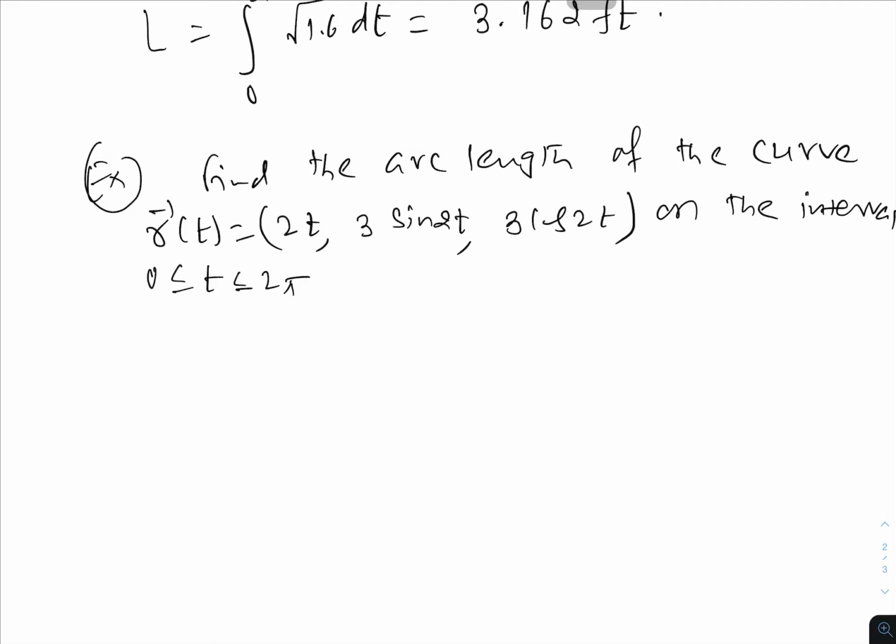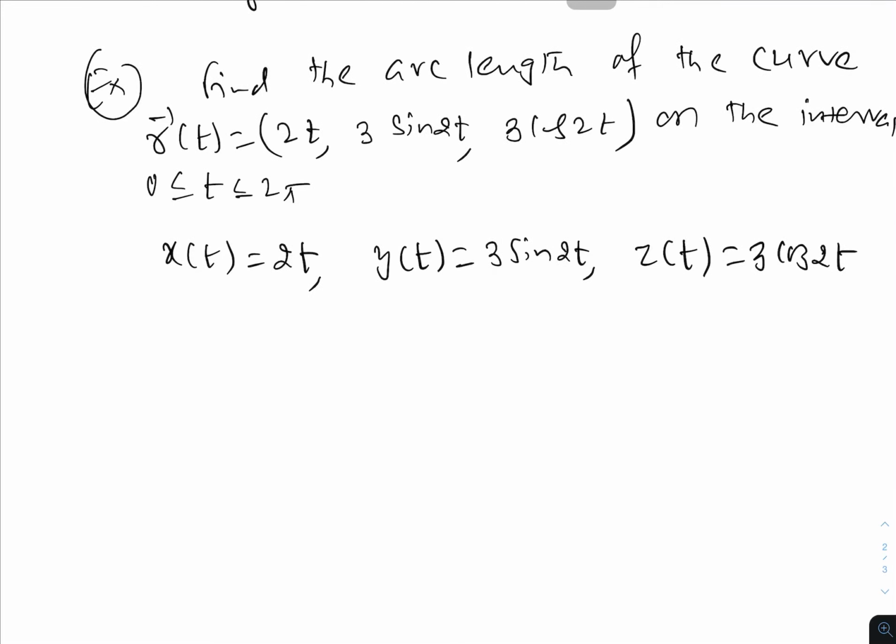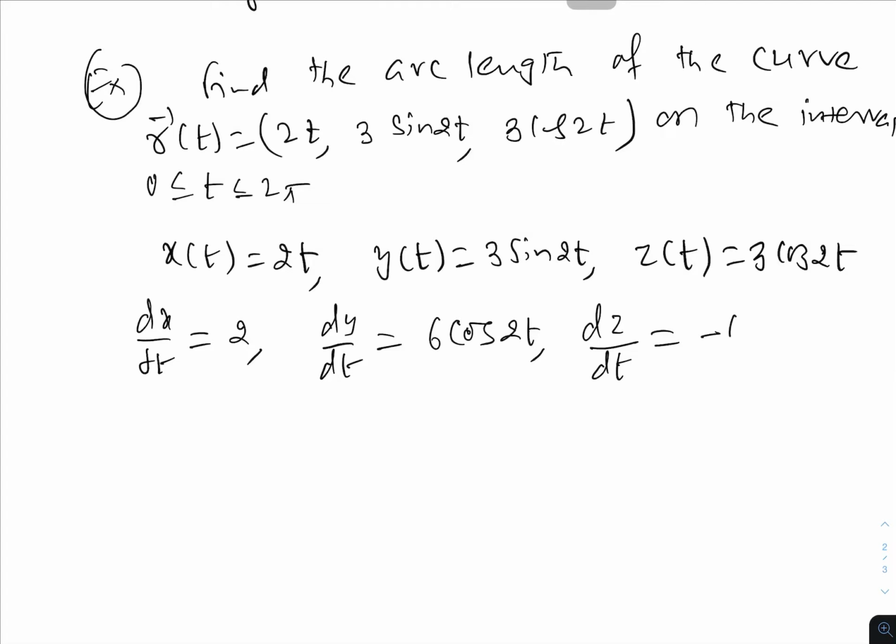So here x is 2t, y is 3 sin 2t, and z is 3 cos 2t. So dx/dt is 2, dy/dt is 6 cos 2t, dz/dt is minus 6 sin 2t.